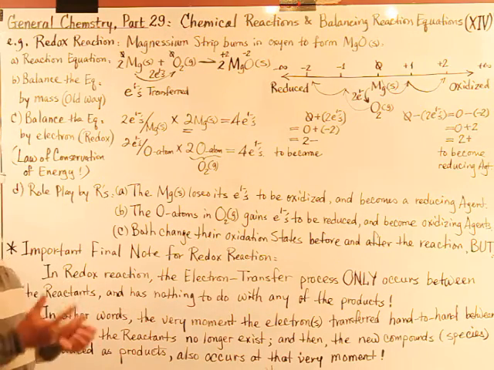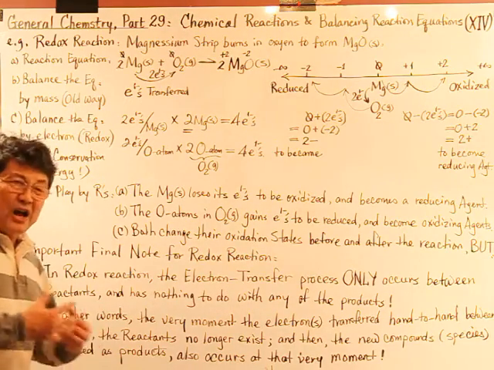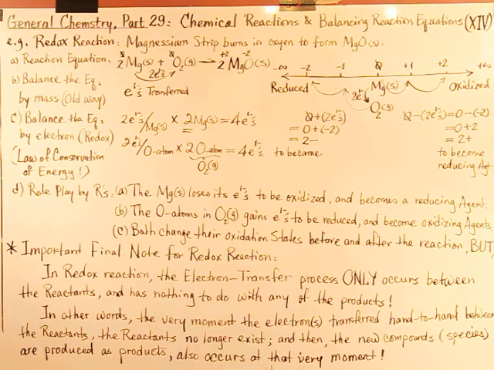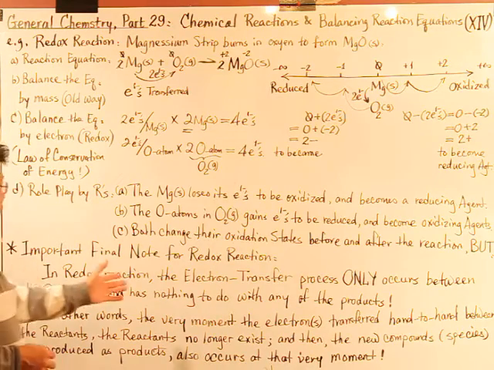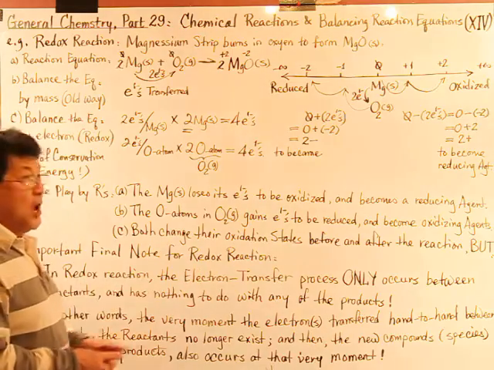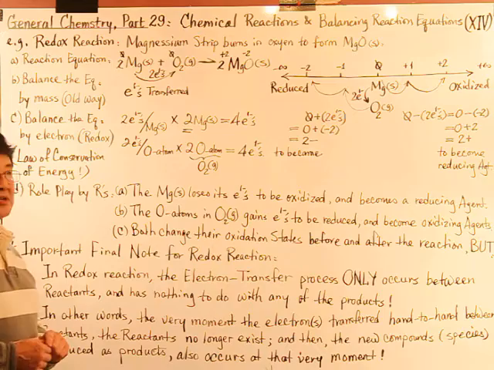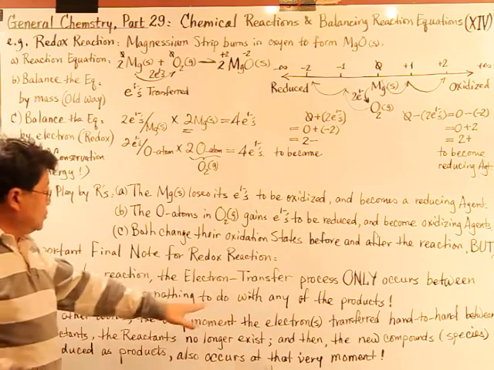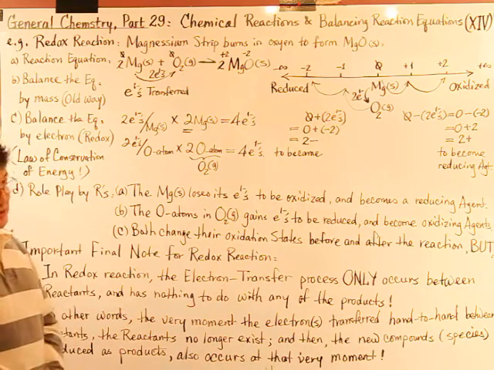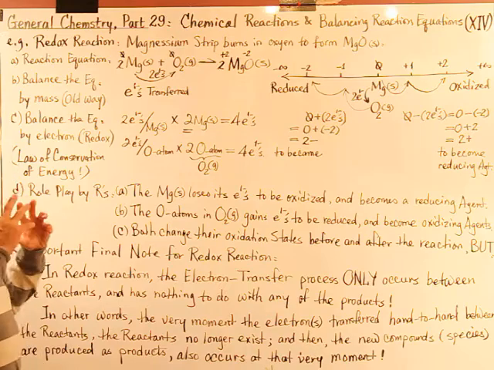But when the electron transfer occurs, that's critical. In a redox reaction, the electron transfer process only occurs between what? Between the reactants. It has nothing to do with any of the products. Why? Because imagine this.